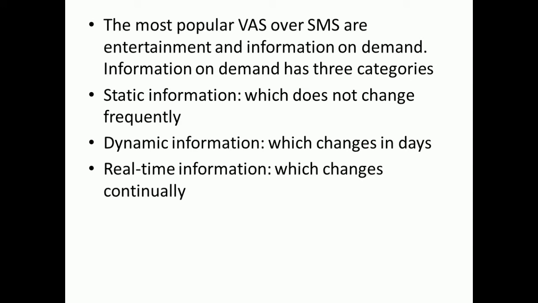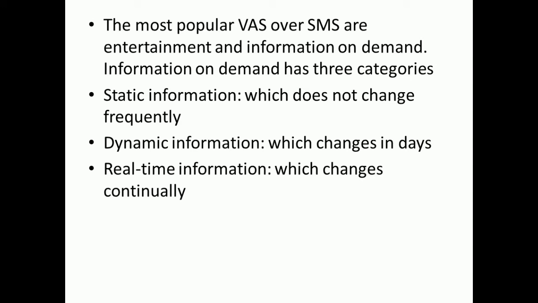Information on demand has three categories. First one is static information, which does not change frequently. For example, the IFSC code of a bank is static information. Then dynamic information, which changes in days. For example, the daily horoscope is an example of dynamic information.